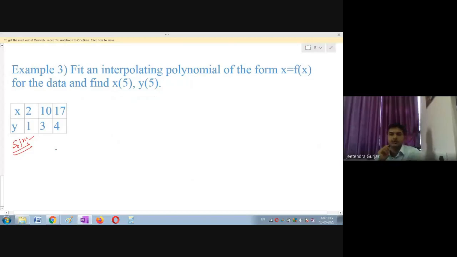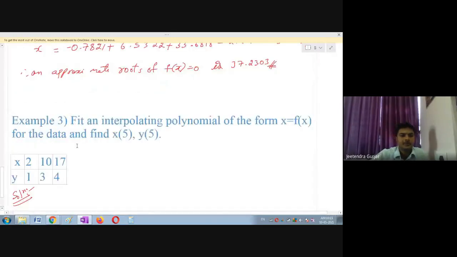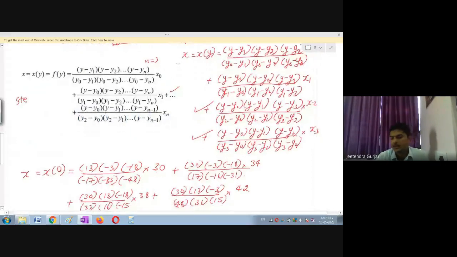Can anybody tell me which formula to use? And what are the terms given here? So I think I've written here step 1, step 2, this is selecting the formula, very, very important, students. And then step 3, simplifying.